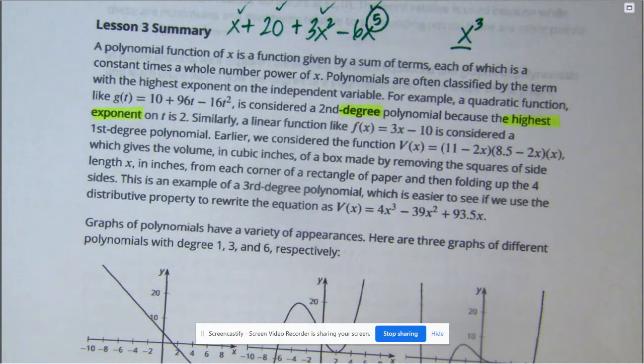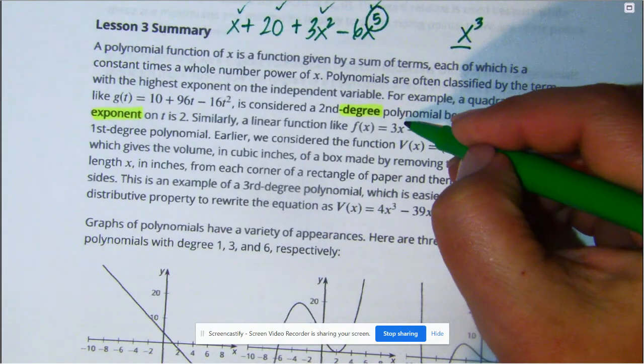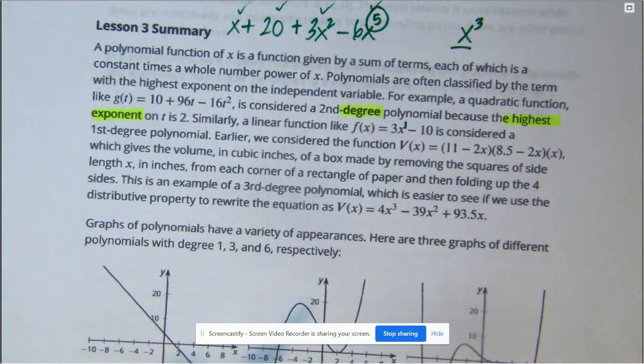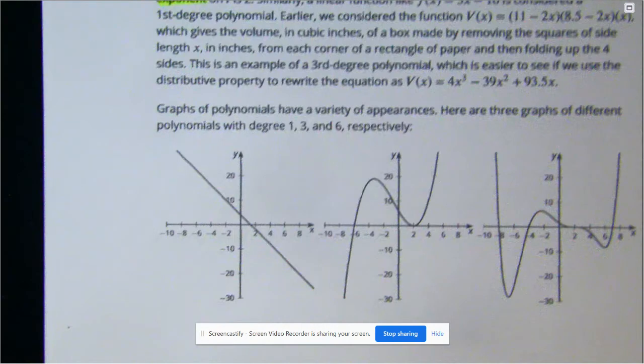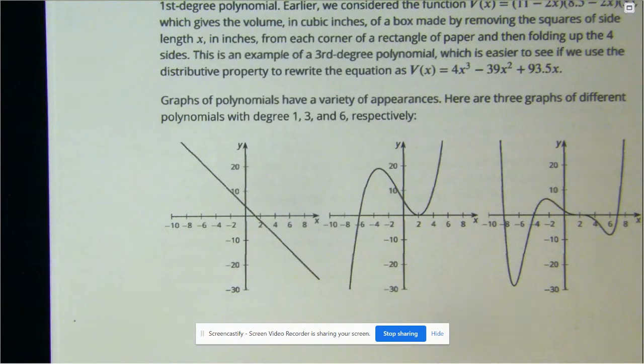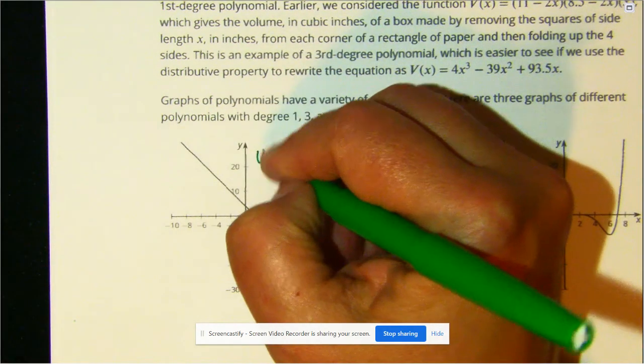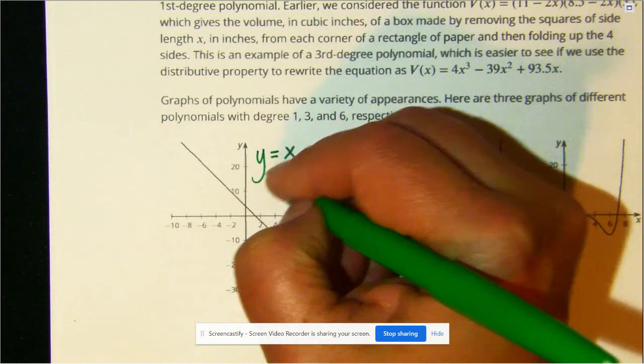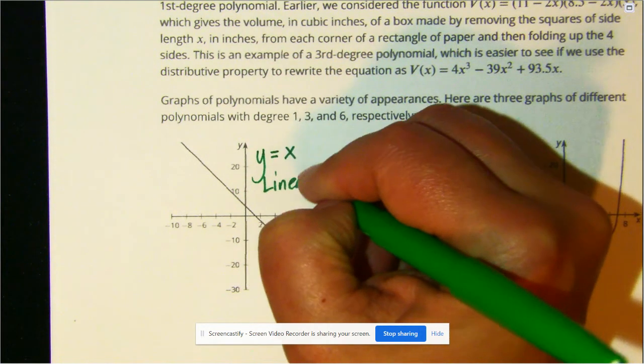Way back in Algebra 1, you learned about linear, right? Because look, the highest power here, there's a 1 there. That's this graph right here. So here are just some examples. I'm going to add a bunch of notes on here. This is just y equals x for linear. It's called a linear function.